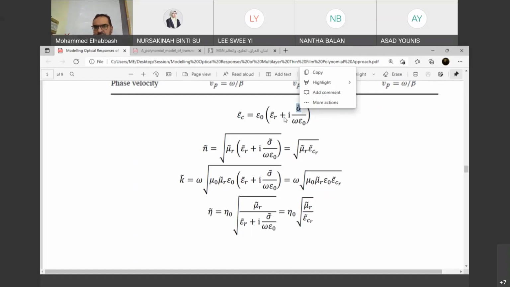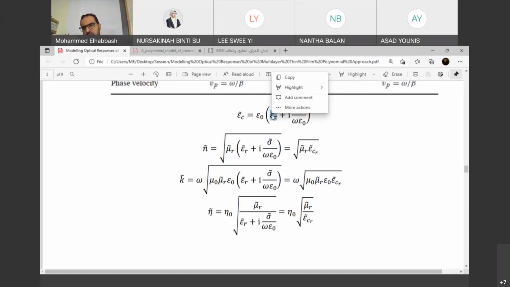This will be 0, and this one will be just a real value, so there is no imaginary value. It will be epsilon naught multiplied by epsilon r, but the epsilon r here is a real part, there is no imaginary part, so everything will be easy.